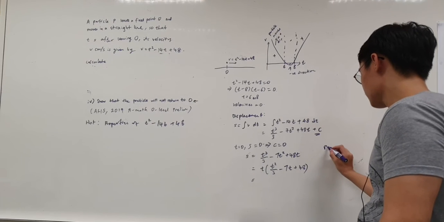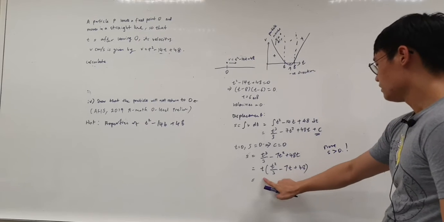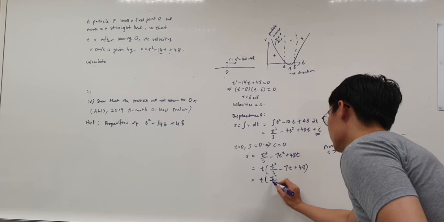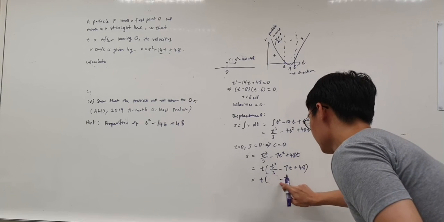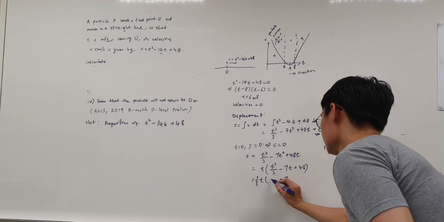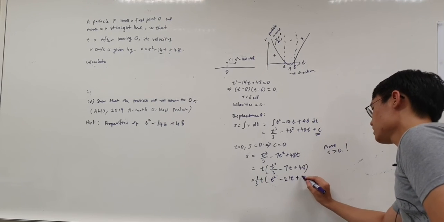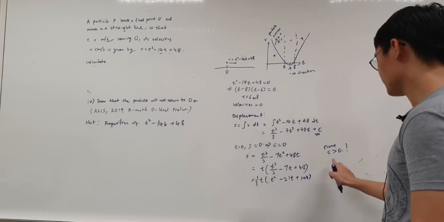So I'm just going to take out the 3 over here. So it's 1/3 t times t squared minus 21t plus 48 times 3, which is 144. We're going to prove that this is larger than 0.